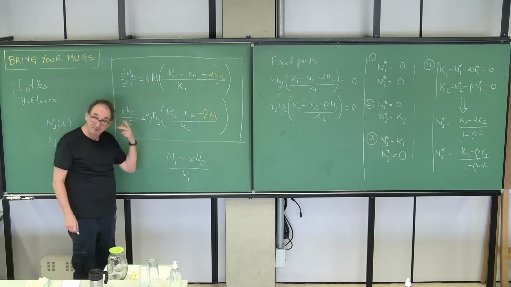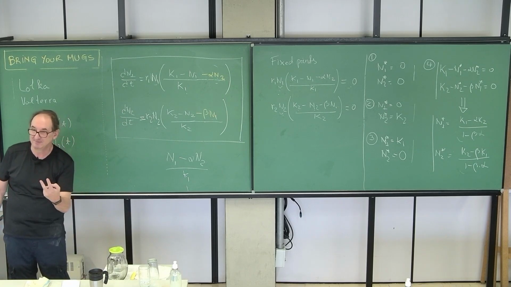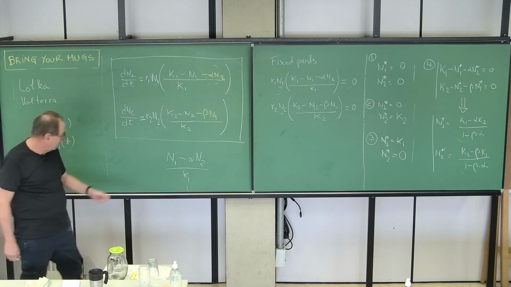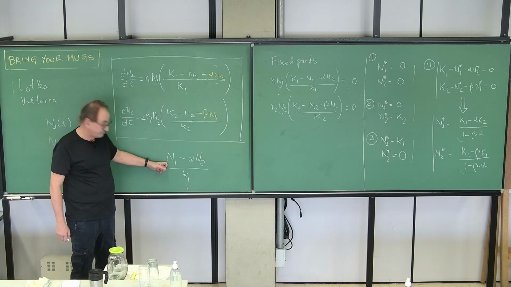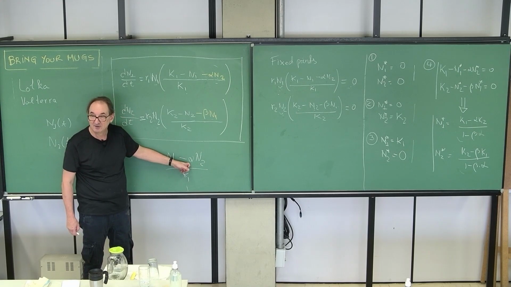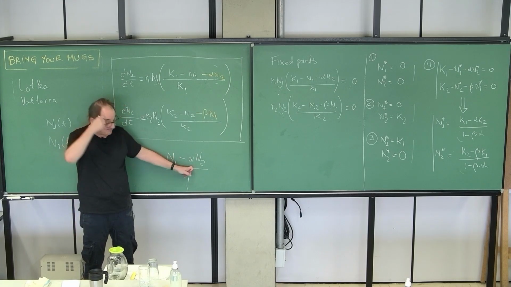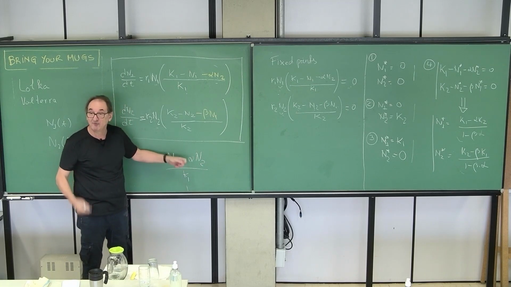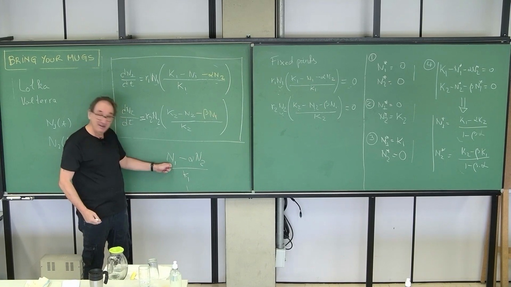So say you have one individual of N1 and one individual of N2. Now say alpha is equal to 4. The term for N2 would be 4, and the one for N1 would be 1.